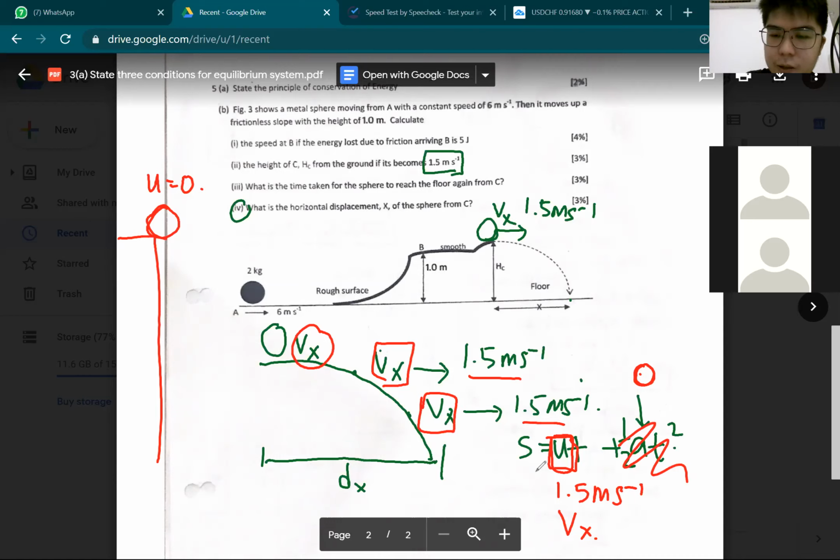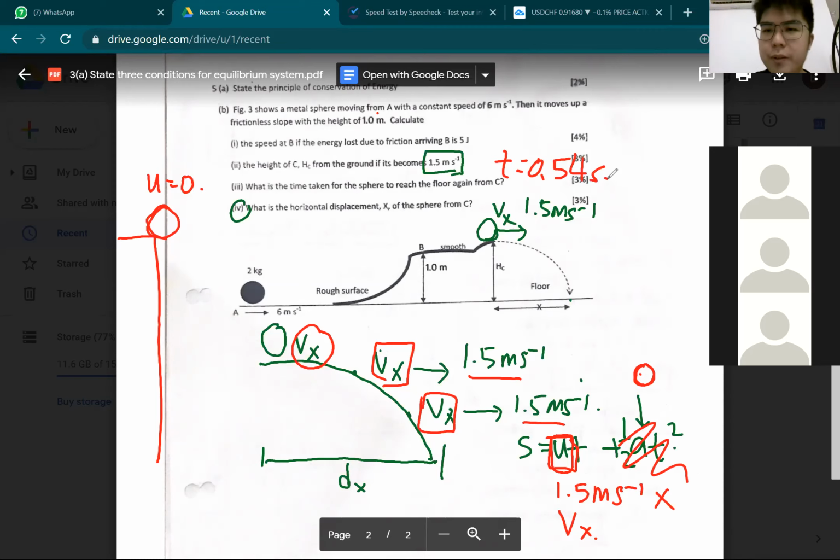So only s equals ut. u is 1.5. T is the time taken for the ball to fall, which is the one that you calculated in number 3. T 等于多少？刚才我们算到0.54秒. So times 0.54 seconds.